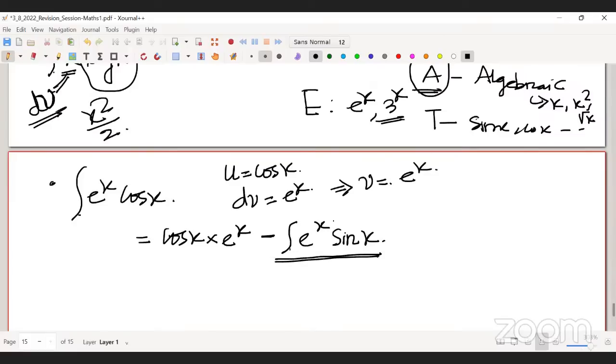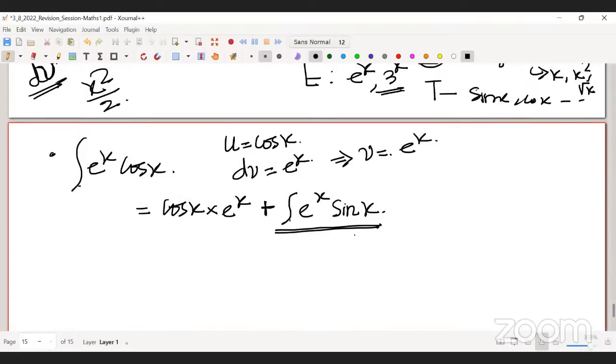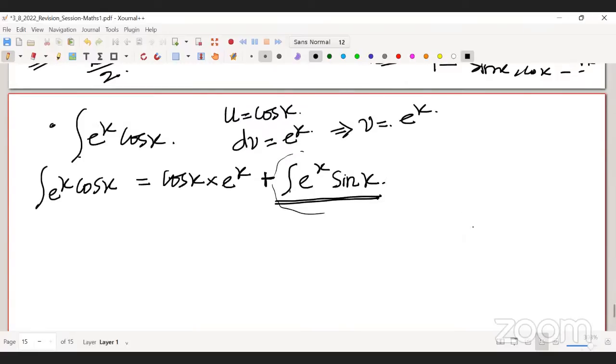Sir, there will be a minus in between. Then I will get plus, right? Yes, sir. So again, I need to do the same here. What I got, e power x cos x, is this, right? So again, I need to compute this value.